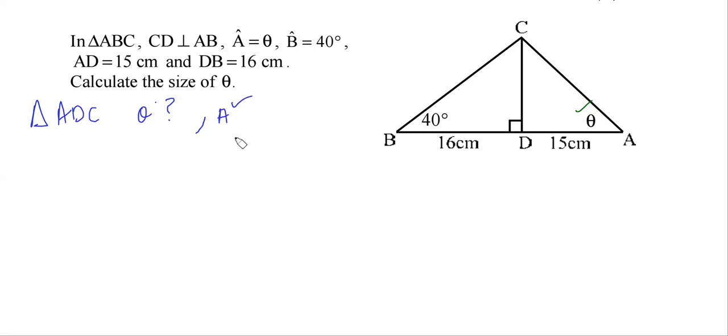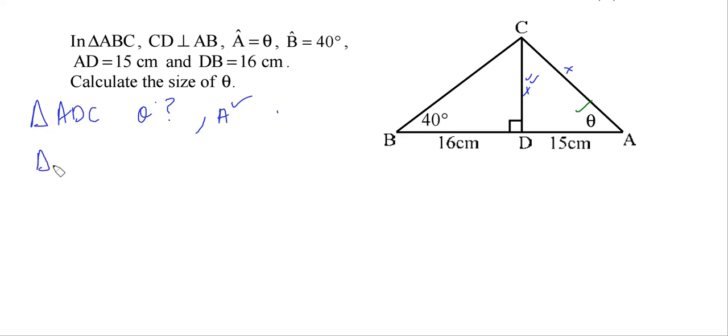We are lacking one of the sides, and we don't have the hypotenuse for this. So which side is easy for us to get? We can simply get this side here, because it's a common side, so we can use this other triangle to find CD. So we need to calculate CD first.